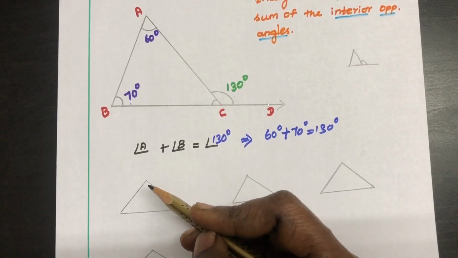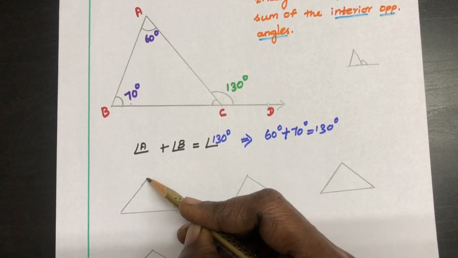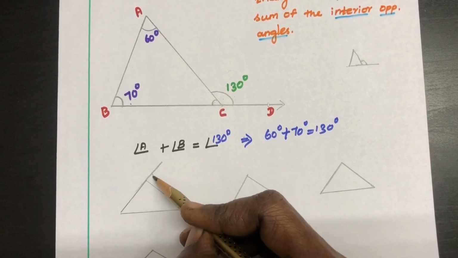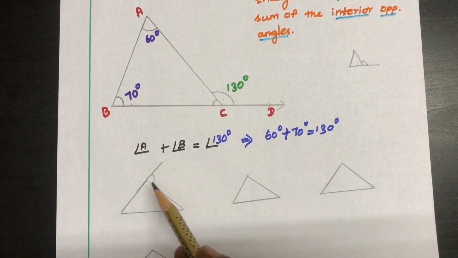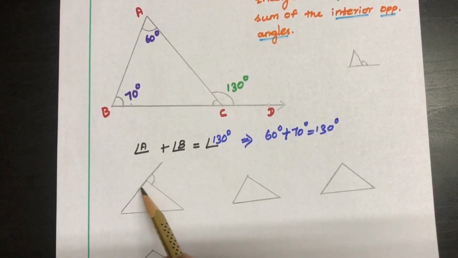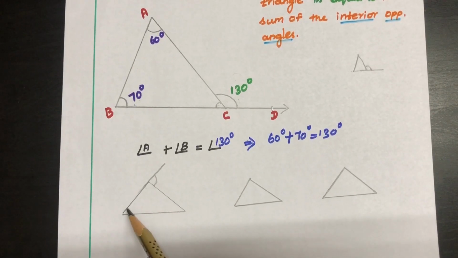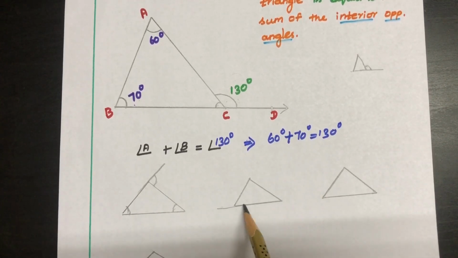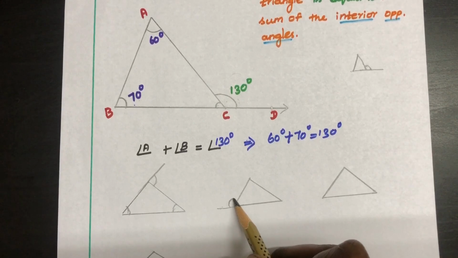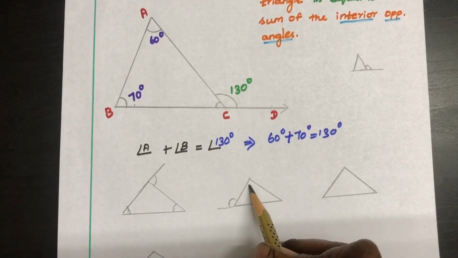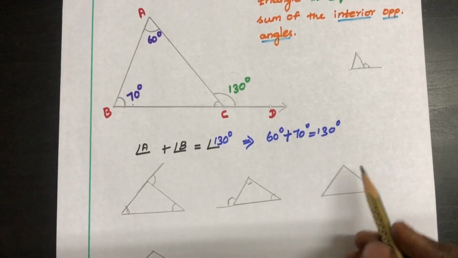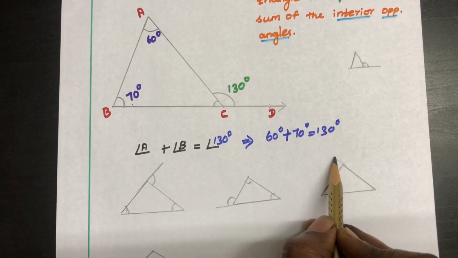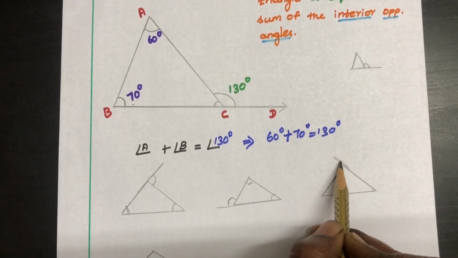Exterior angles can be made anywhere. See here, if you extend the line like this, here also an extended angle will form. This angle is opposite to these two angles. Similarly, you can extend like this also. So here an angle will form. This angle is opposite to these two angles. Also, you can draw like this. So many ways we can draw.